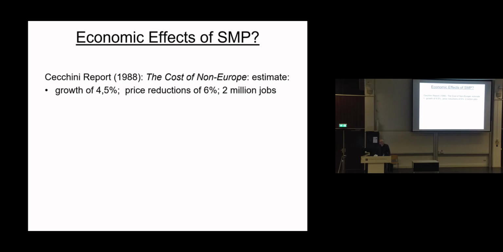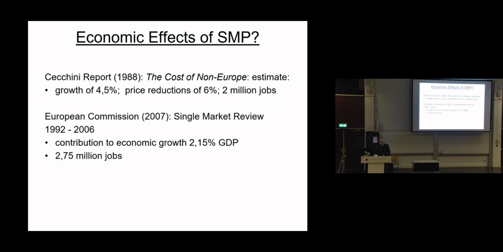In an evaluation in 1988, it was assessed that the economic growth effect would be 4.5%, prices in the Union would be reduced by 6%, and it would create 2 million jobs. Most economists agree with that, and find similar results.